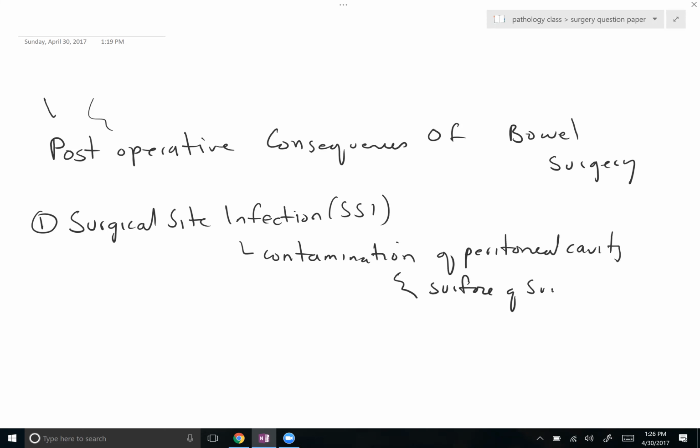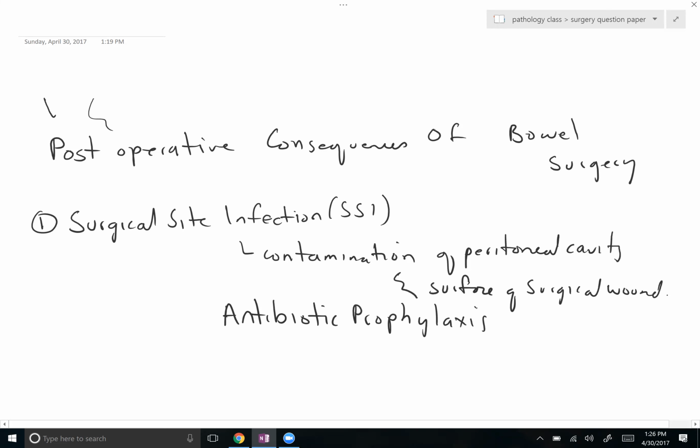To prevent this, we give them antibiotic prophylaxis. That one is the main one.